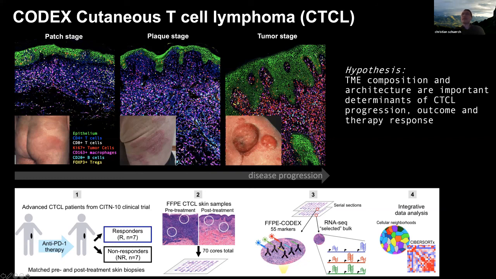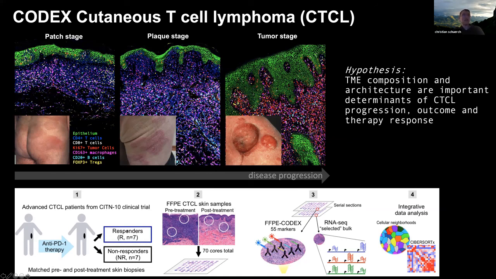So we hypothesized that the composition of the tumor microenvironment could be used to predict outcome and therapy response in those patients. We had a great cohort, we had access to tissues from a CTCL trial where the patients were treated with anti-PD-1 immunotherapy.